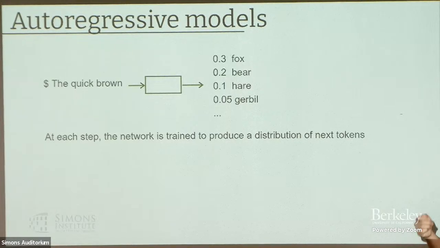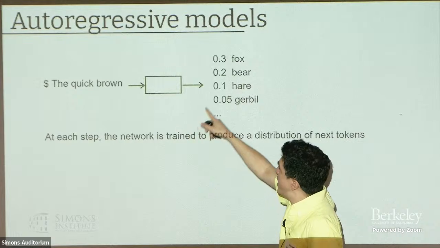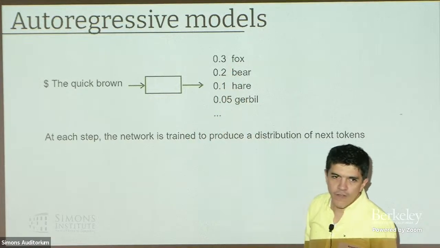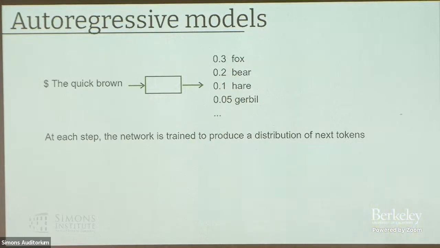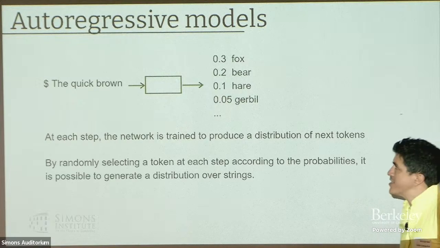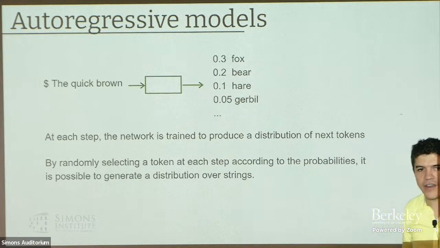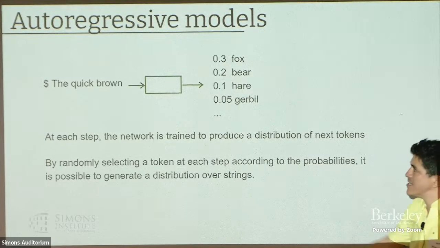It's not just producing one sequence. And there are many different strategies that you can use once you have this model to actually search over this space. Today, the most common is to just randomly select from these tokens based on the distribution that comes out of the model.